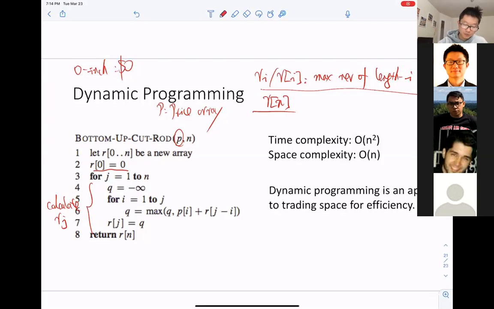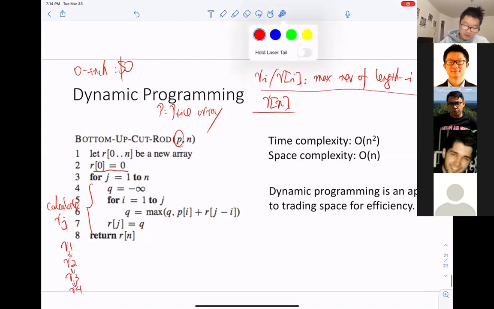So we are going to calculate it from R1 to R2 to R3, R4, etc. This is the order for us to calculate it. Then initially we have q as negative infinity. This is because before calculation we assume the maximum revenue for a rod of length j is negative infinity, because we don't know how much value we can make from it. Let's just assume that the starting value is negative infinity.